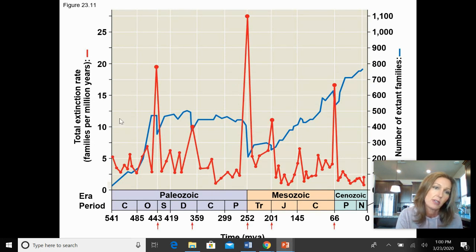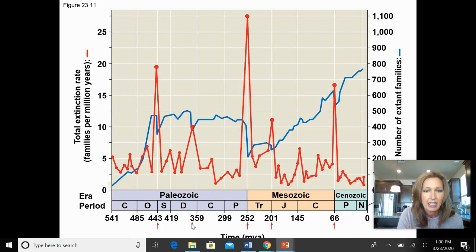This is the total extinction rate. Over here on the y-axis is the number of extant families, those that existed. And then when we see these spikes in the extinction rate, here is the first mass extinction.